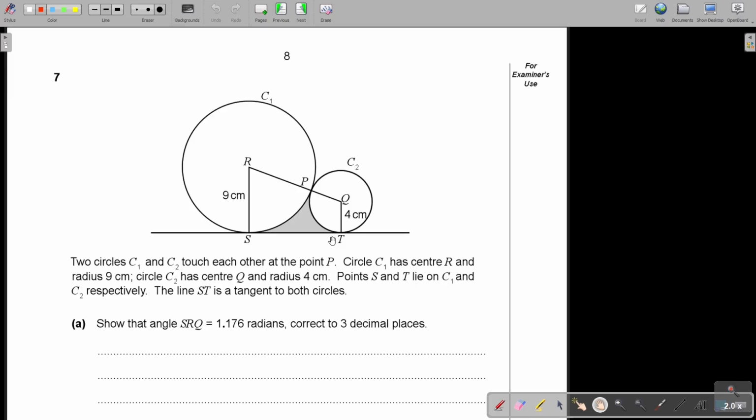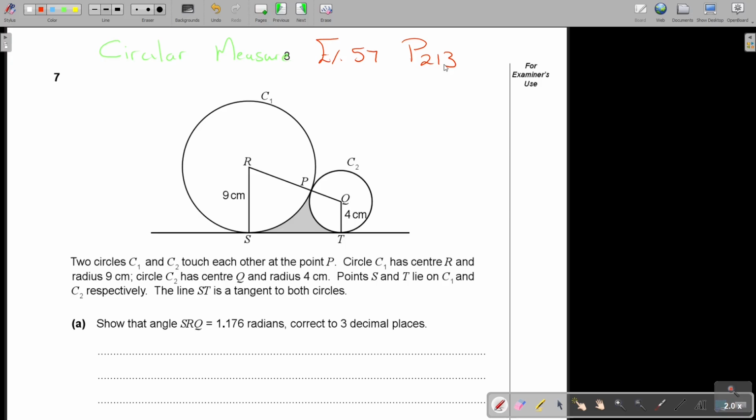Before we start, let's find the topic. This is circular measure, and you will find an example in the y equals mx+c mathematics textbook, example 57, page 213. That will help you. But before we start with the question, let's first see what information we can add to the sketch.